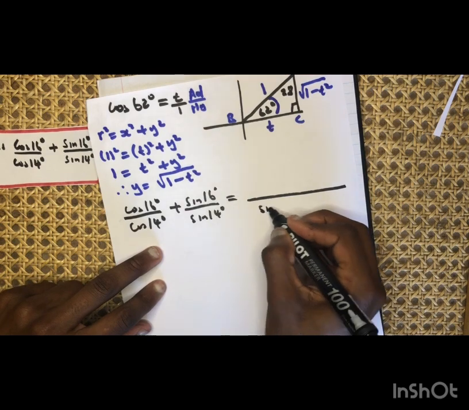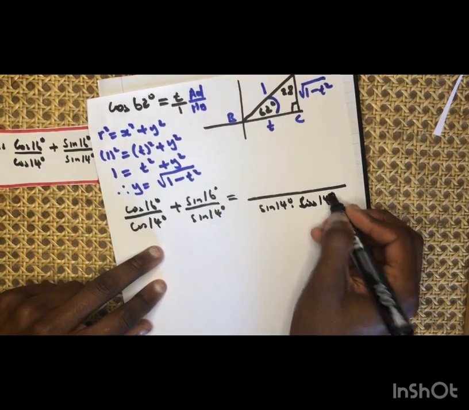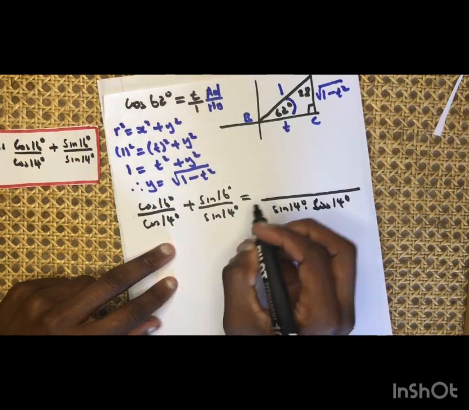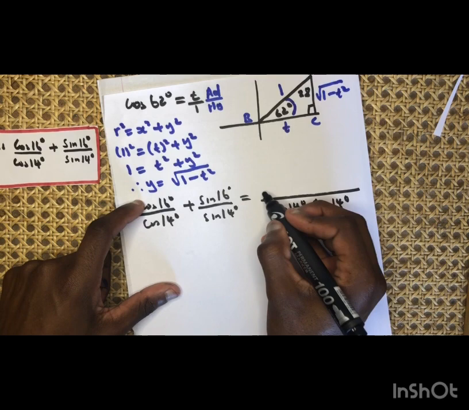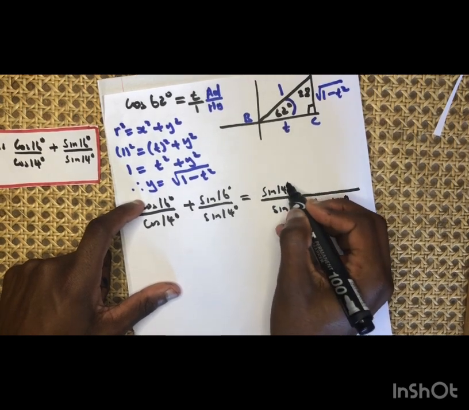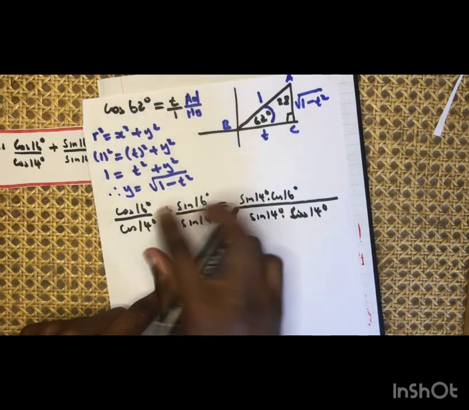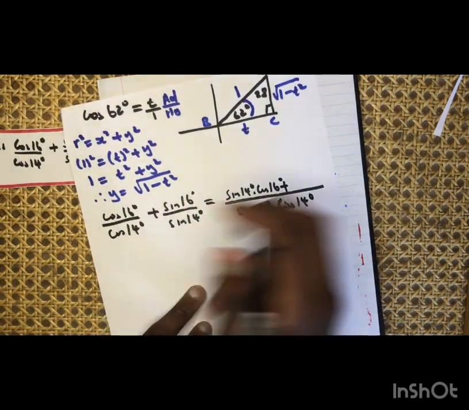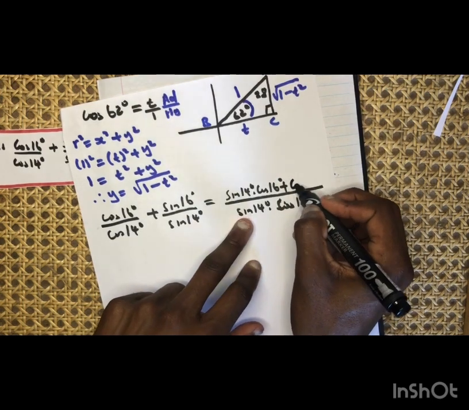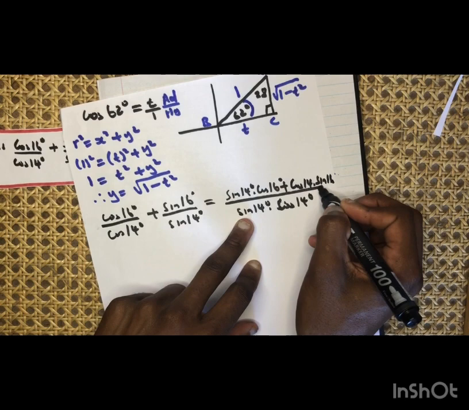So I'm going to have sine 14 cos 14, then I'm going to say sine 14 times cos 16. So it's going to be sine 14 cos 16.